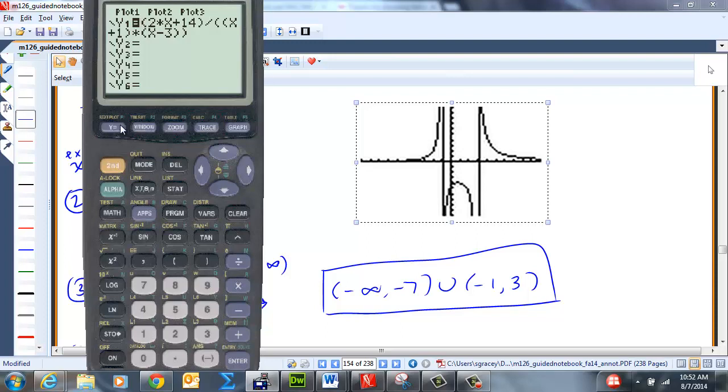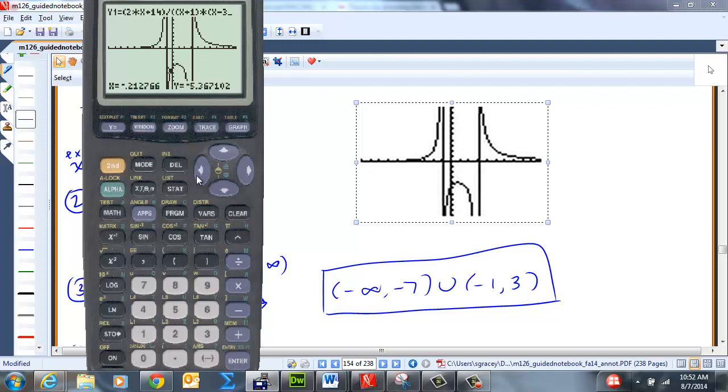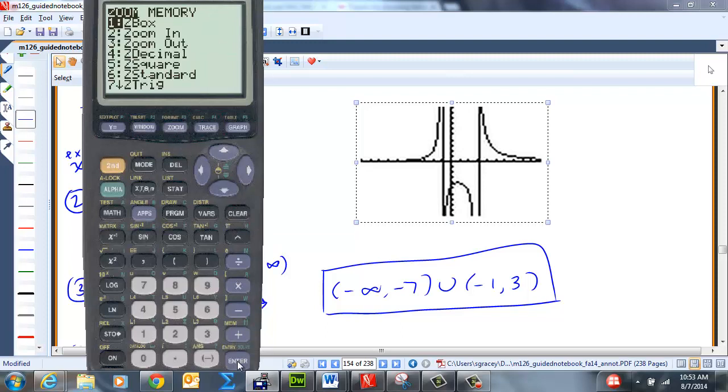I'm thinking that we need to get a closer picture in our graph at -7. So let's trace. I want to go over to x is -7. So let's zoom box this. I want to see what's going on.